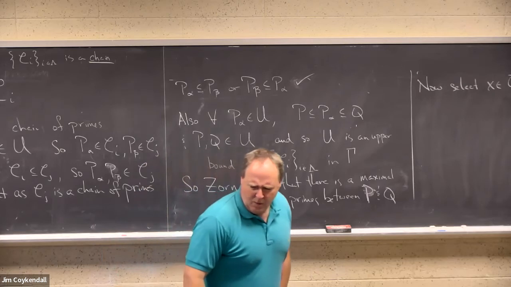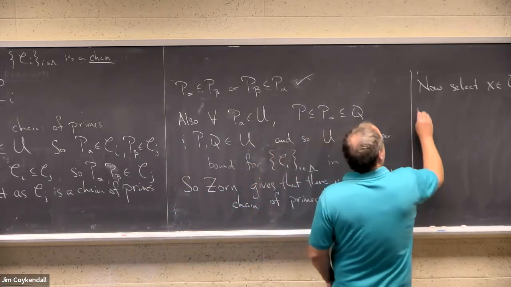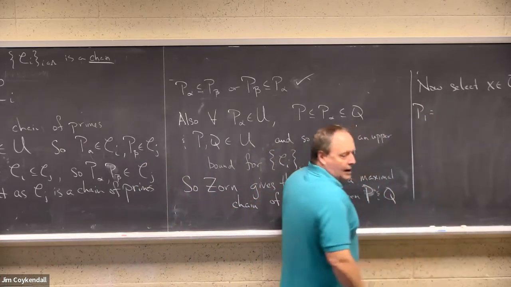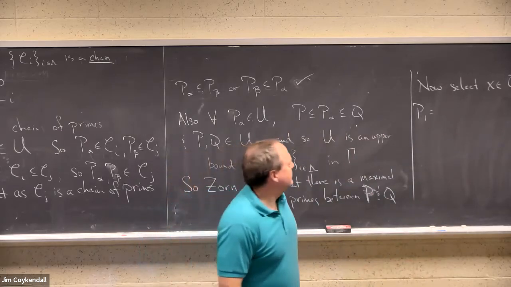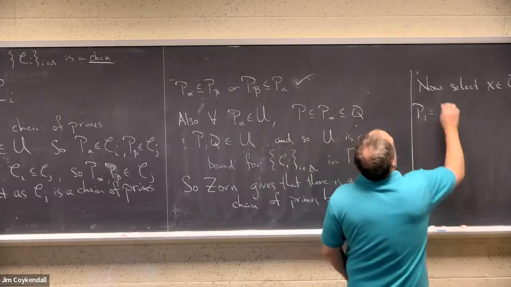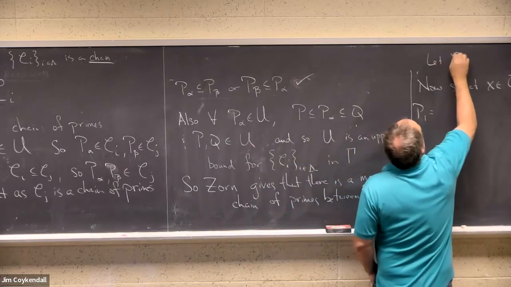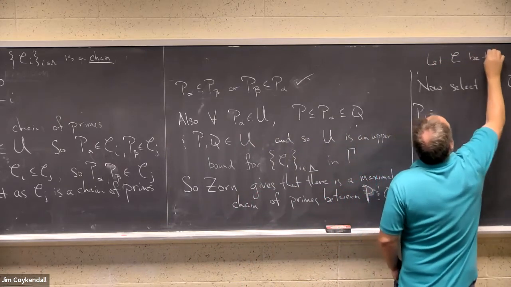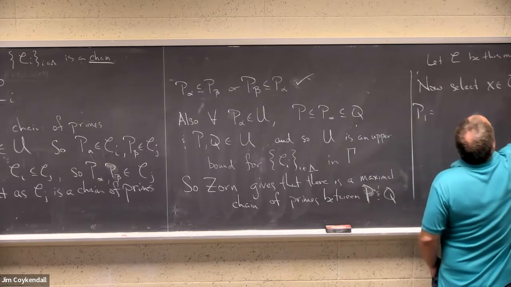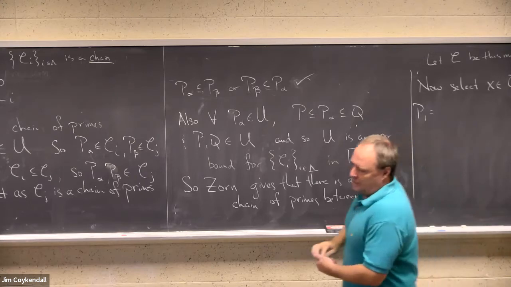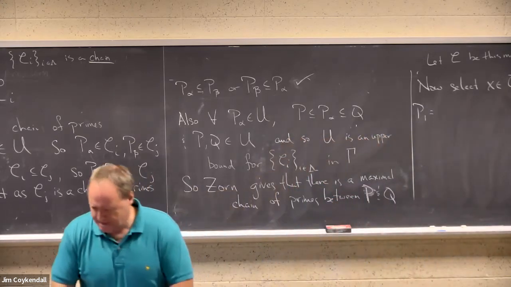And we will let P1 be the union of, let's see, the precise chain. I'm going to call it C.